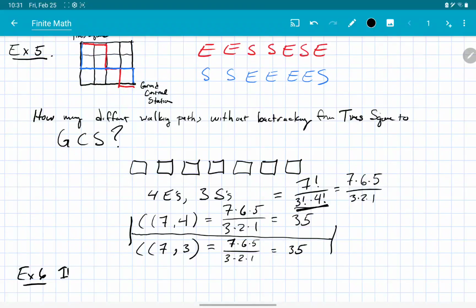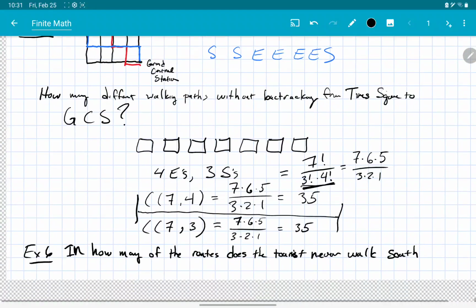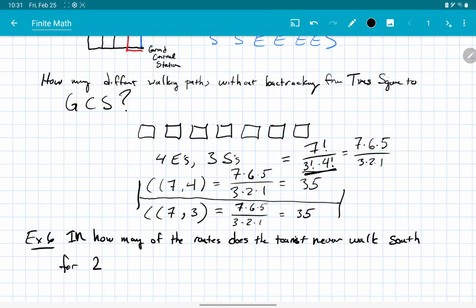In how many of the routes does the tourist never walk south for 2 consecutive blocks?